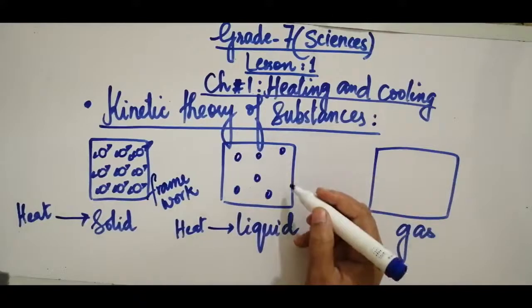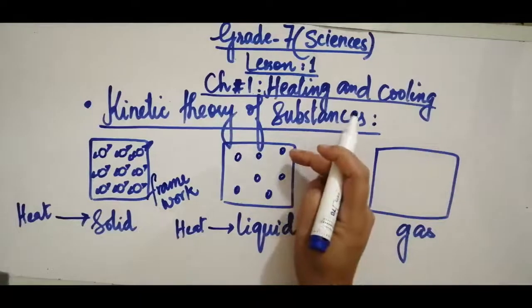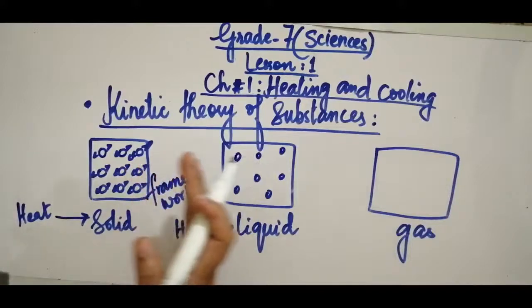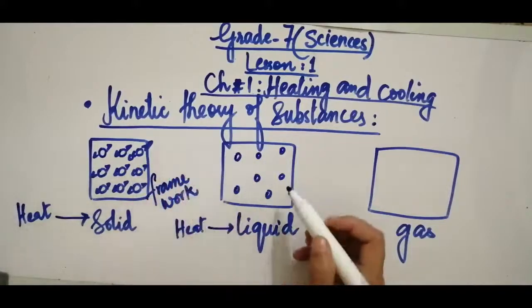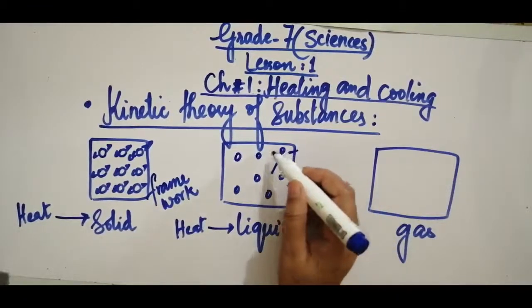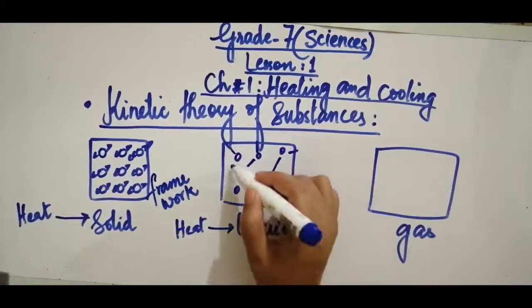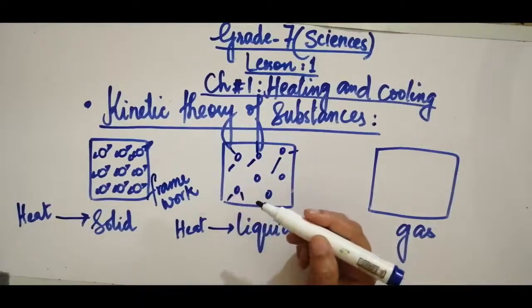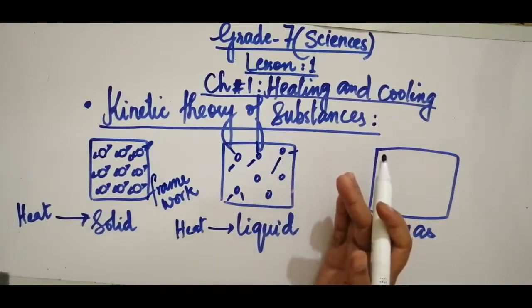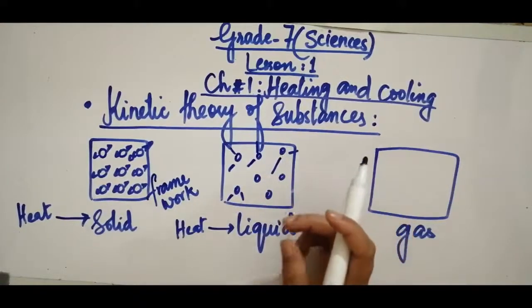They are actually far apart as compared to the solid. They are not closely packed with each other. So they move more as compared to solids. They move about here and there freely, faster, and change their position quickly.